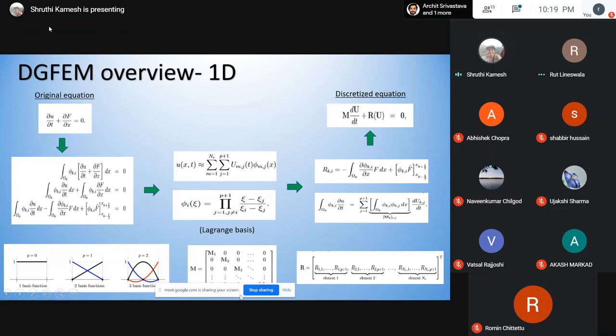For example, when you're modeling this in 1D, your delta x would come into play. The Jacobian of the element is a very important thing, so that is accounted for in finite element, and by extension finite volume as well, because finite volume is like finite element.